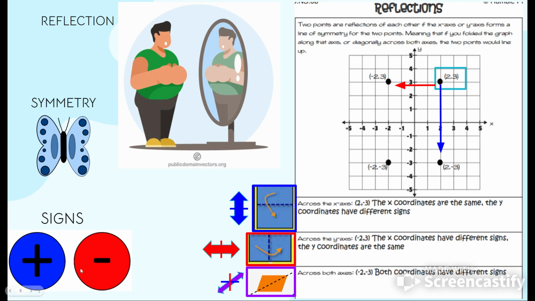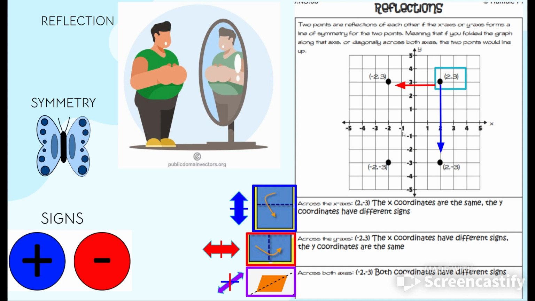So you'll notice that when we go across the x-axis, our x value stays the same because that location is not changing. But our y value, the signs are changing, right? Because up here, we're up 3, and down here, we're down 3.